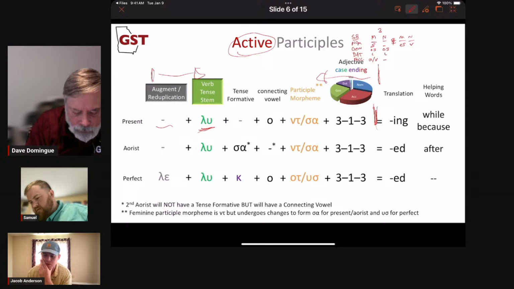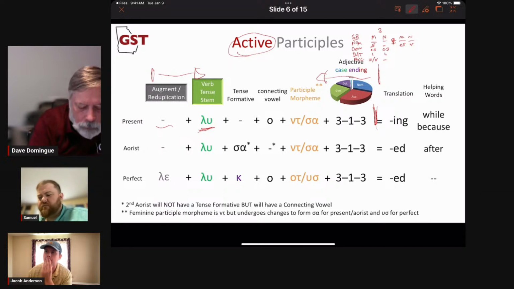I know for the first aorist you got the unaugmented first aorist tense stem, and this other one you got the unaugmented second aorist tense stem, but then you also had the paradigms for active, middle, and passive, and active.